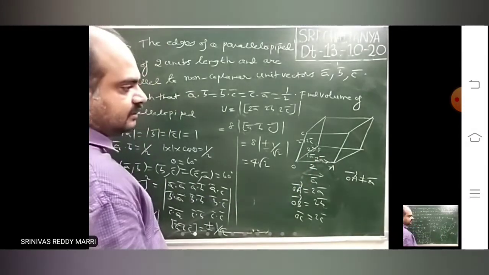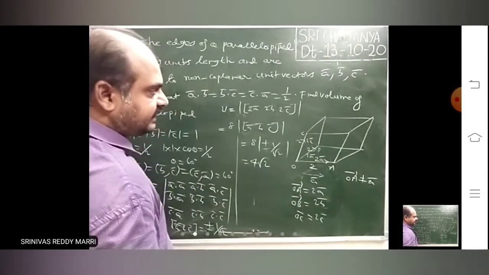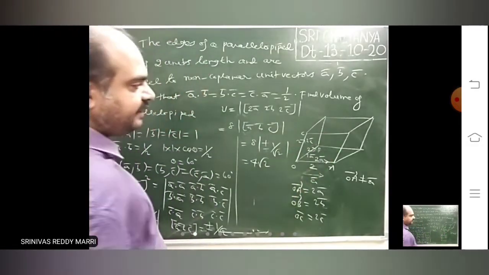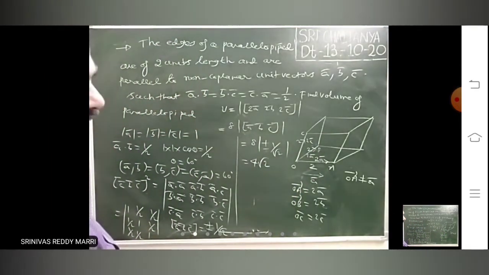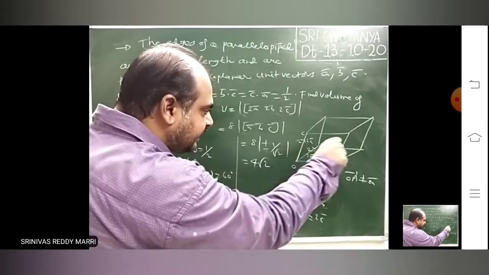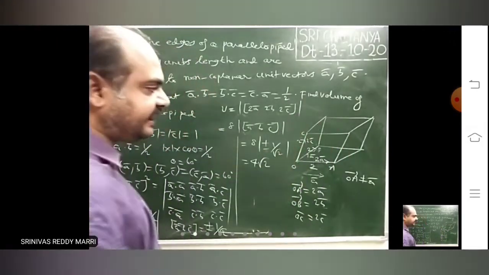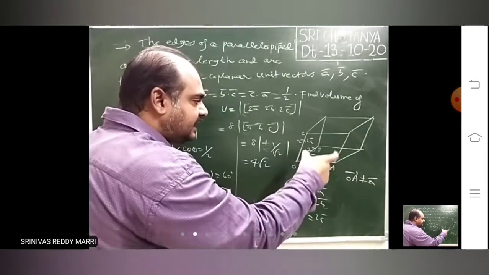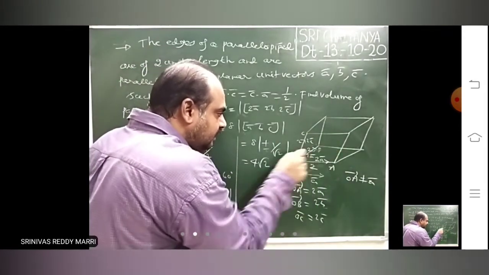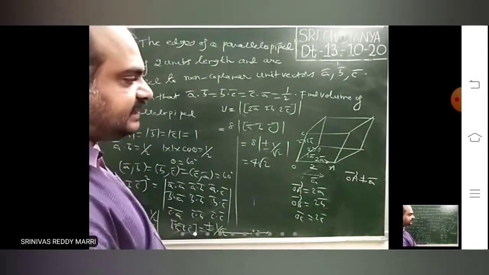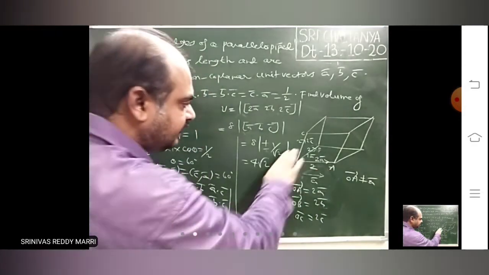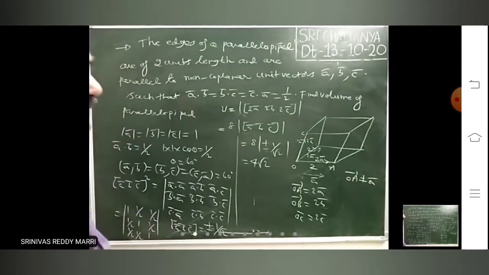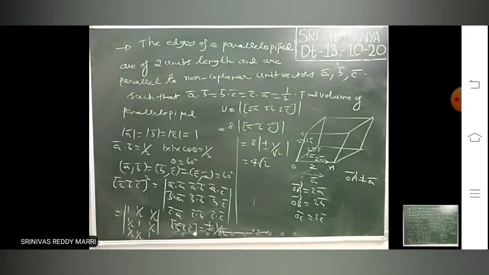By mistake, in the exam you will take ABC. If you take ABC, you will get the wrong answer, because edges are not A, B, C. Edges are 2 units and given that they are parallel to some unit vectors. Why has he given parallel to? This is of length 2 and along that a unit vector is there. That means this vector is 2A bar, this vector is 2B bar, this vector is 2C bar.